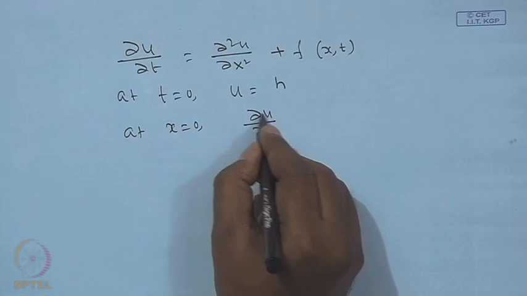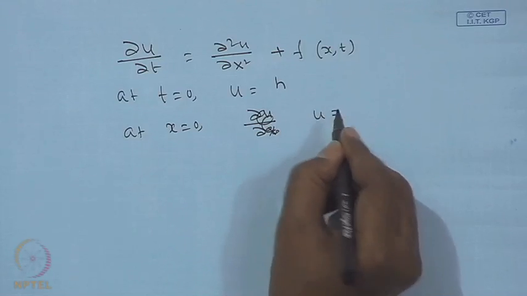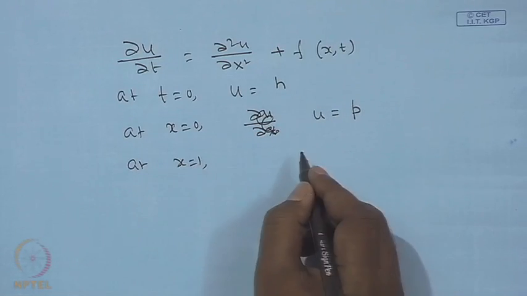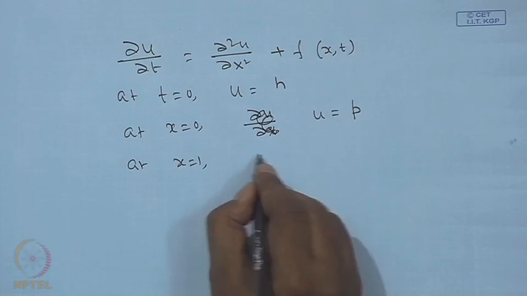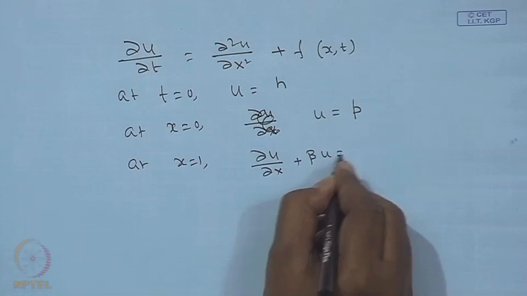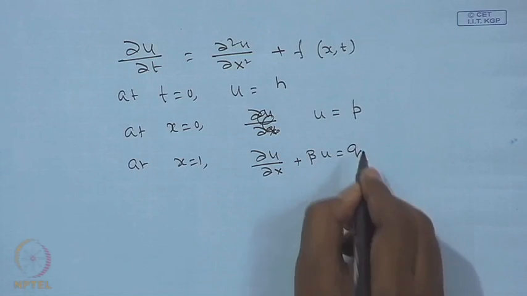At x = 0 we had u = p. At x = 1 we had a Robin mixed boundary condition, that is ∂u/∂x + βu = q, let us say.